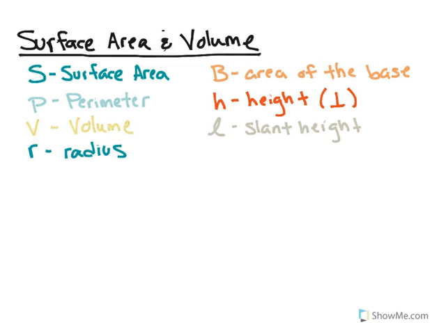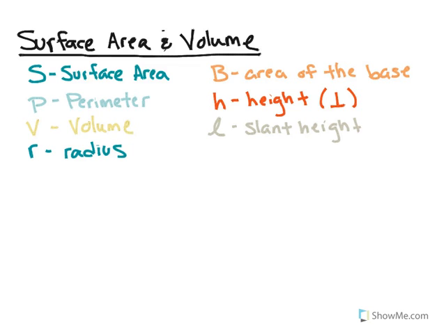The next one is also very important. When we see an H, it's talking about height, but the symbol that I put right next to it, that upside down capital T, that means perpendicular. That means that it is the height from the tallest point straight down to the base. So this is not a slanted height. This is straight from the top to straight to the bottom, creating a 90-degree angle.